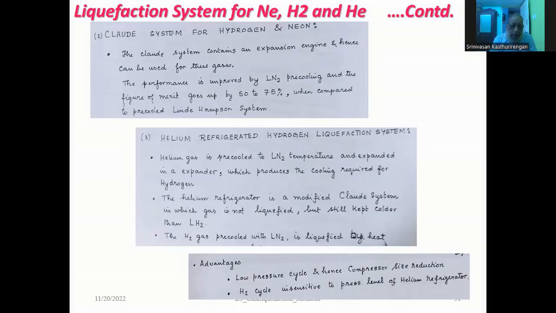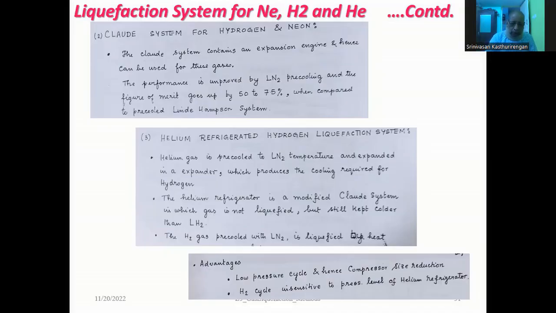So the hydrogen gas can now be pre-cooled with the liquid hydrogen, and thereafter it gets liquefied because of the heat exchange with the refrigerated helium gas. The advantage of this type of system is that it is a low pressure cycle, the compressor pressures are less, and so the size of the compressor is considerably small.